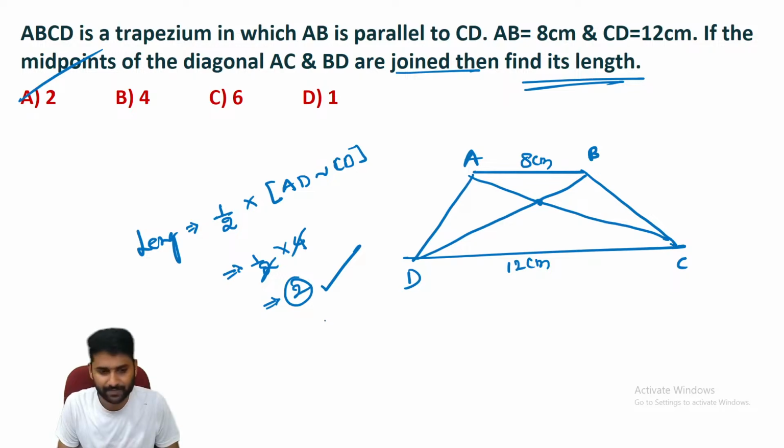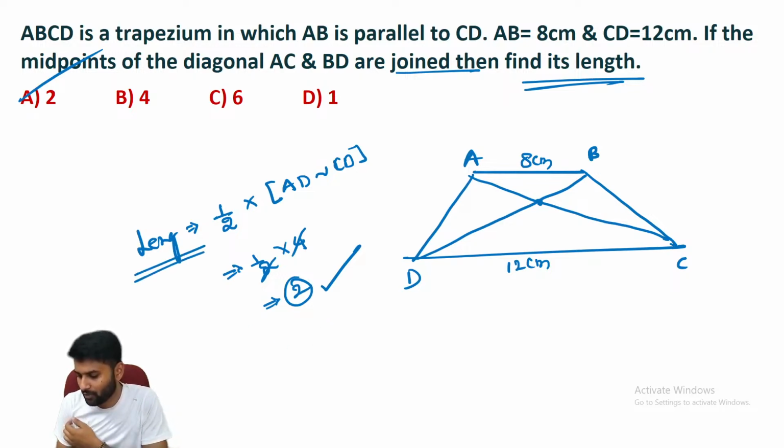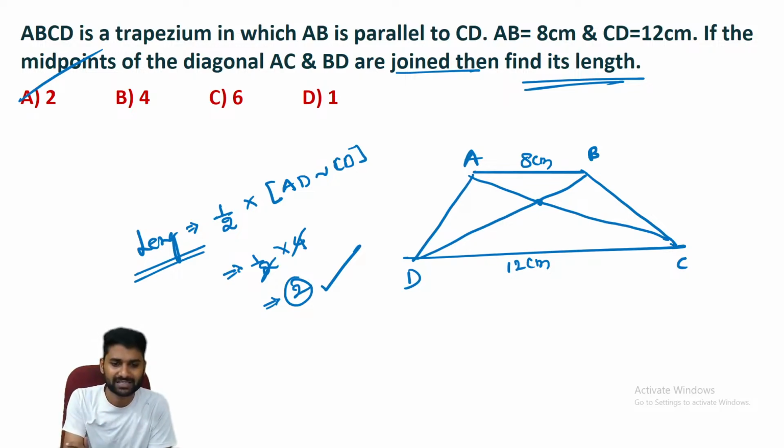Here the difference of AB and CD is 4, so the length is half of 4.